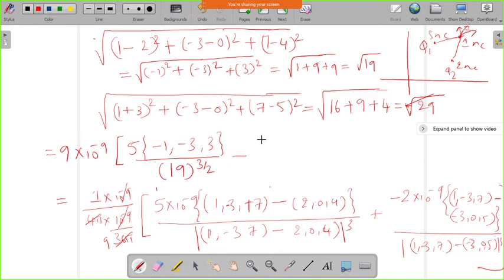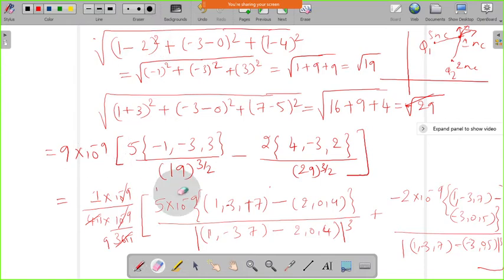And here, minus 2 into, take the difference, 1 minus of minus 3, it is 4 comma minus 3 comma 7 minus 5, it is 2, and the distance is 29 power 3 by 2. Okay, so this is the simplification.